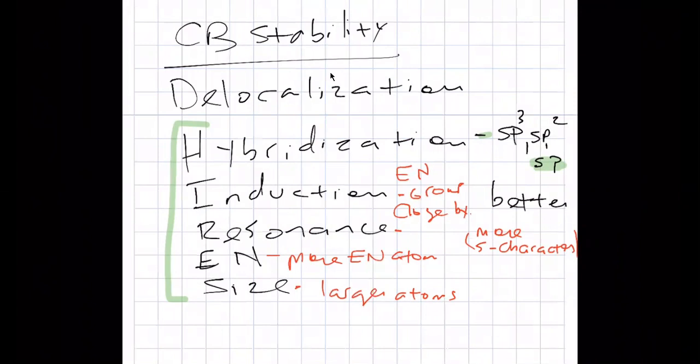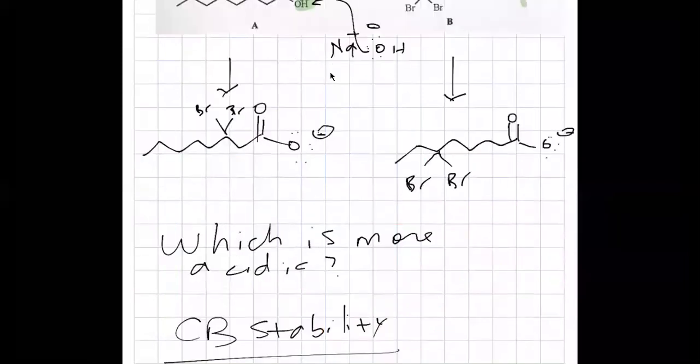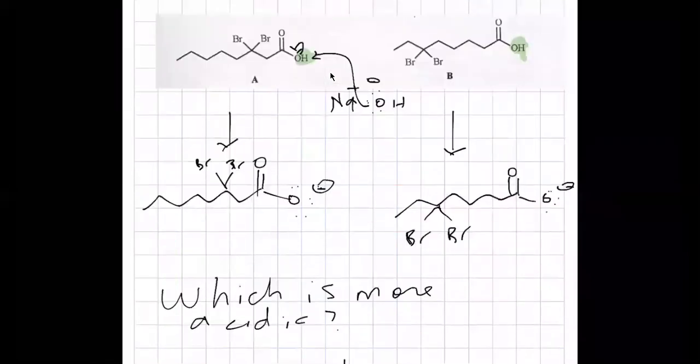All right, let's move back to the example. Now we don't have any pKa values, but we do know what the conjugate bases look like. Out of those factors, look where the charge is.